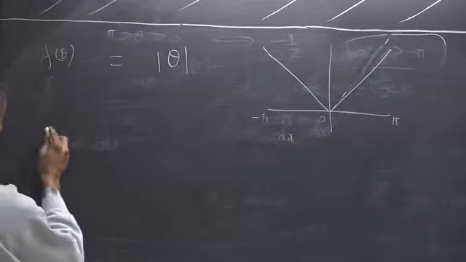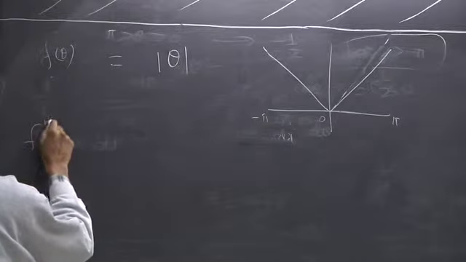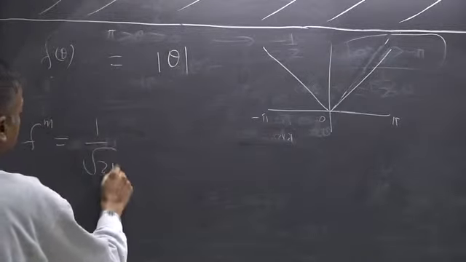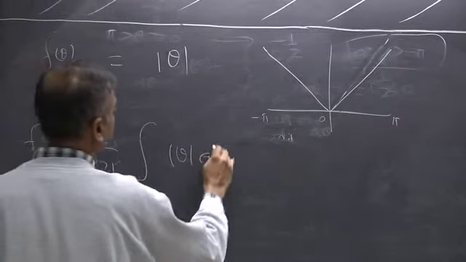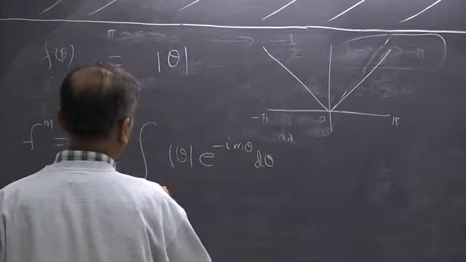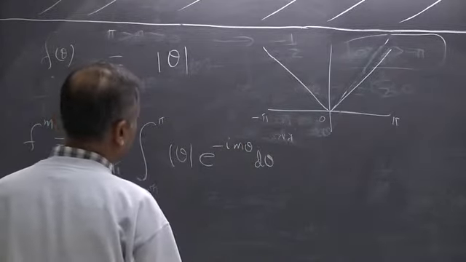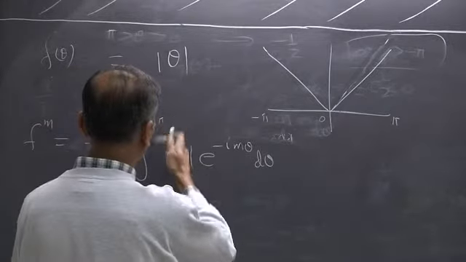Then I have to again compute. So let's compute F_m, which is 1 over root 2 pi, integral from minus pi to pi of f theta, which is absolute value of theta, times e to the minus i m theta d theta. We can split this into minus pi to 0 and 0 to pi.